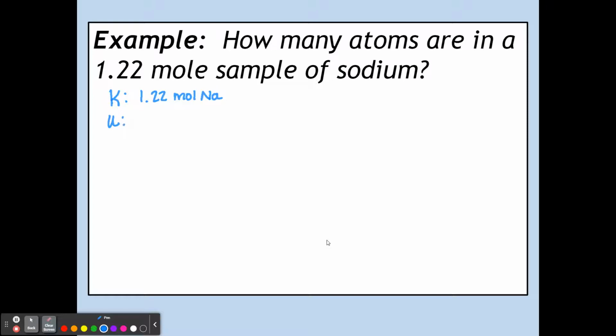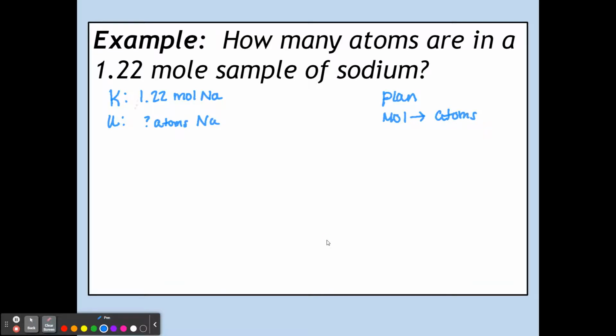My unknown, it's asking how many atoms, question mark, atoms of sodium. So my plan, I'm going to go from moles to atoms.